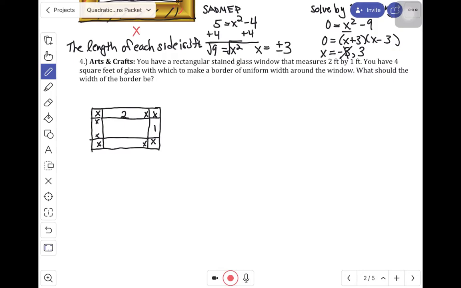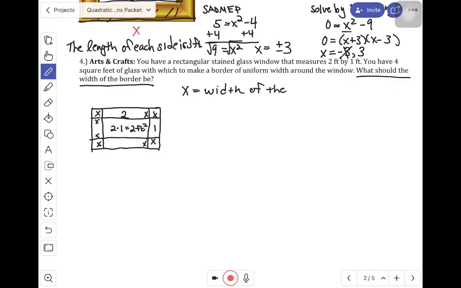So the original square footage of my window is just 2 by 1. So that's 2 square feet for the window. But now I have on this border, right? So it's helpful then to think about the width of that border as our x value. So x is going to be the width of the border.